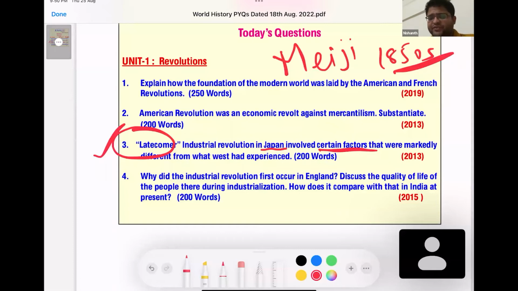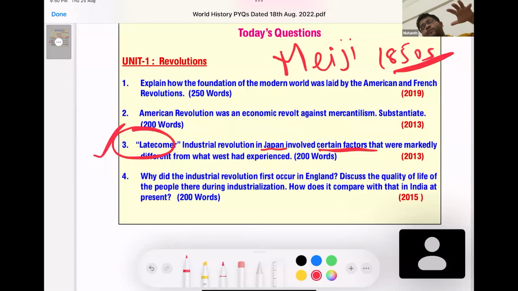And a lot of the industrial revolution was centralized because the Meiji government was controlling and guiding it. Unlike the industrial revolution of the West, where there was a clear hierarchy of the capitalist and the common man or the workers, in Japan the industrial revolution was widespread, where you had many rich people, not only a few rich people.